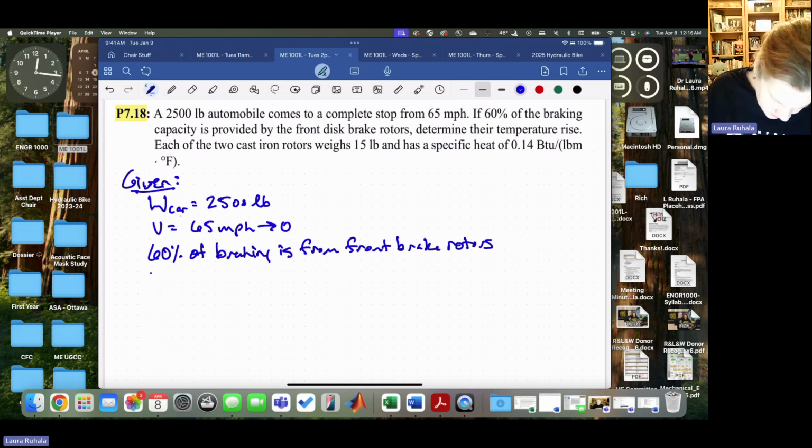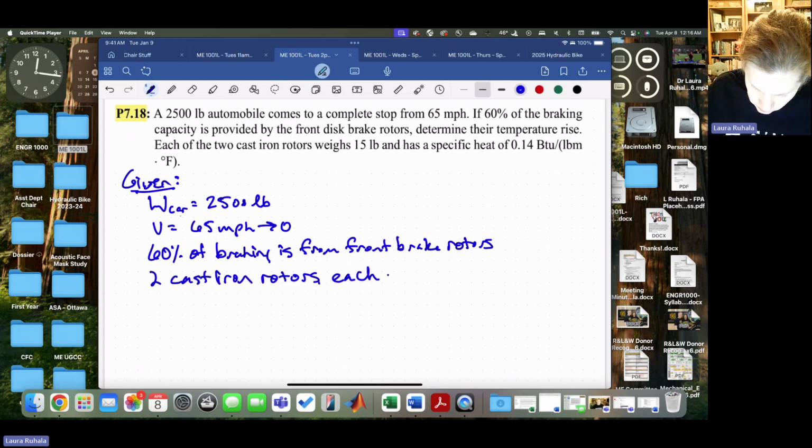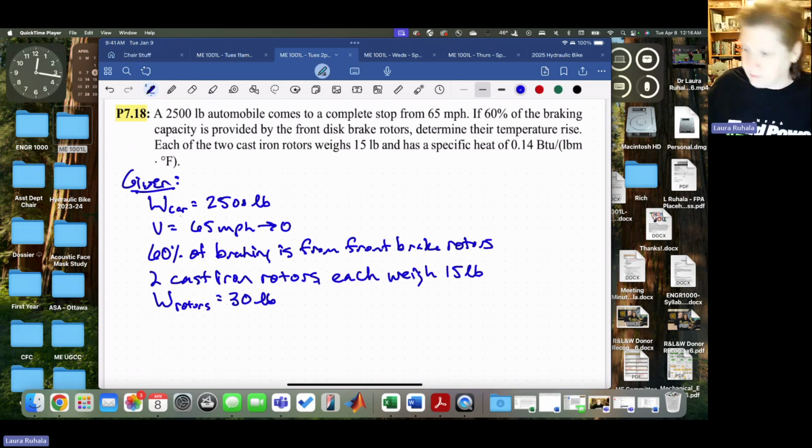And we know that we have 2 cast iron rotors, each weigh 15 pounds. This is the total weight: 30 pounds.